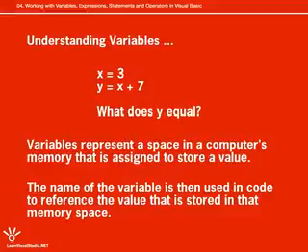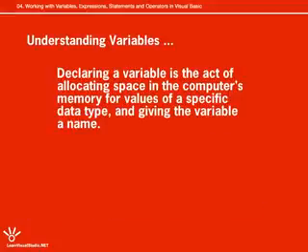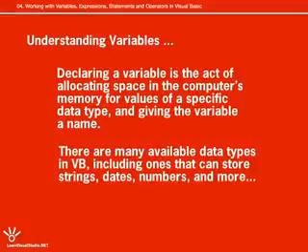Also in algebra, we worked with only numerical values, but variables in programming languages can contain strings or dates or big numbers or small numbers and a lot more. So in order to know how big or small to make the bucket in the computer's memory, we have to declare a variable and tell the computer what type of information we plan to put into that variable.